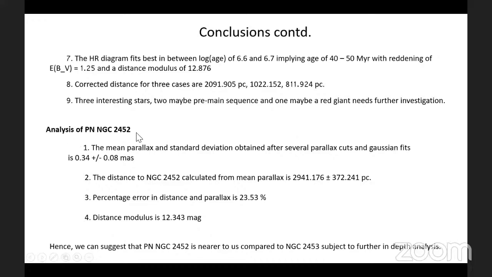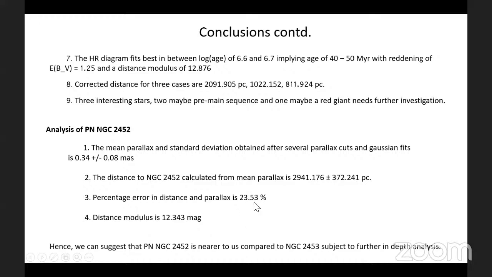Analysis of NGC 2452 gives us the distance to be 2.9 kiloparsecs plus or minus 0.372 kiloparsecs. But the distance error is obviously much higher, because I have used only one point to calculate the central object distance.